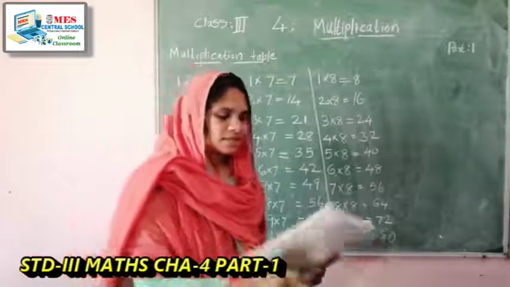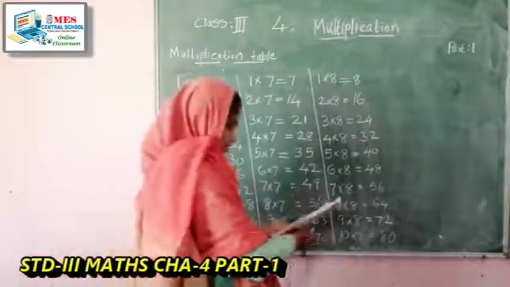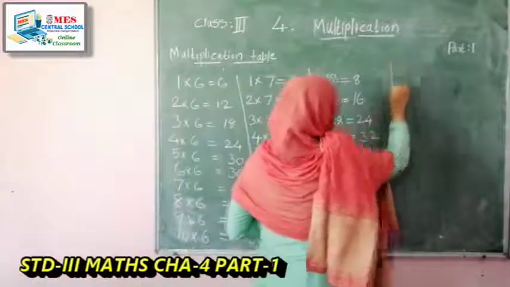Okay. Next is table of 9, page number 63.